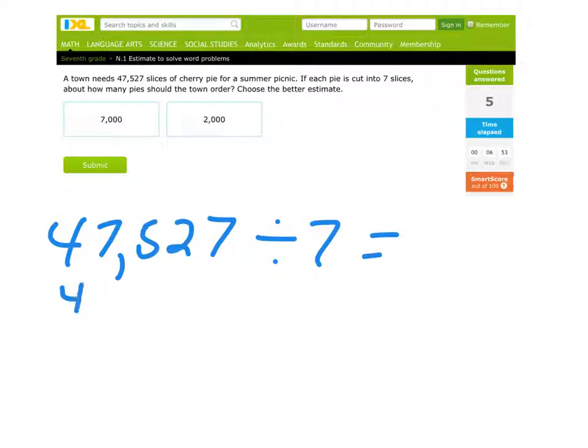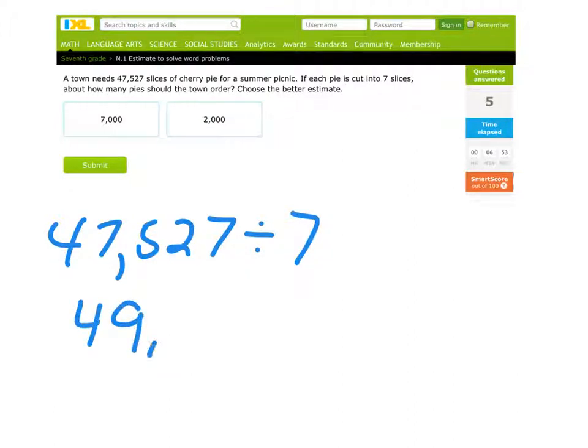A number that's close to 47,527 would be 48,000. But 48,000 divided by 7 is not going to work out evenly because 48 divided by 7 is not going to work out evenly. So I'm just going to keep bumping the number up to get one that's going to be easier to work with. So 48,000 wasn't that easy. How about 49,000?